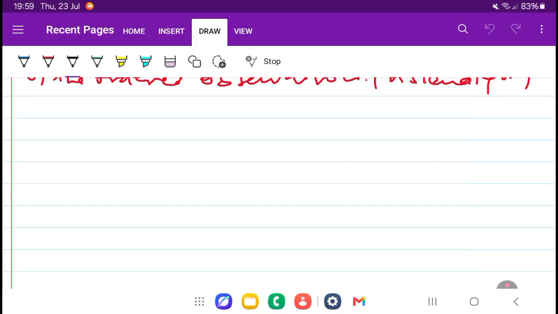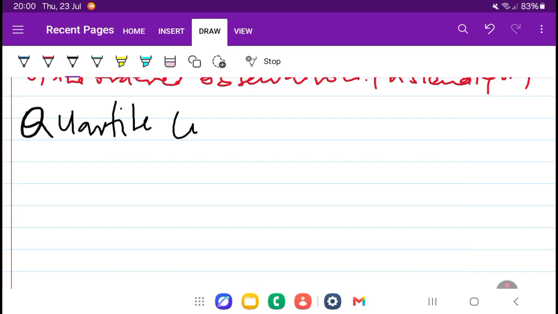So let's look at we've said there is something that we call the quartile coefficient of dispersion.